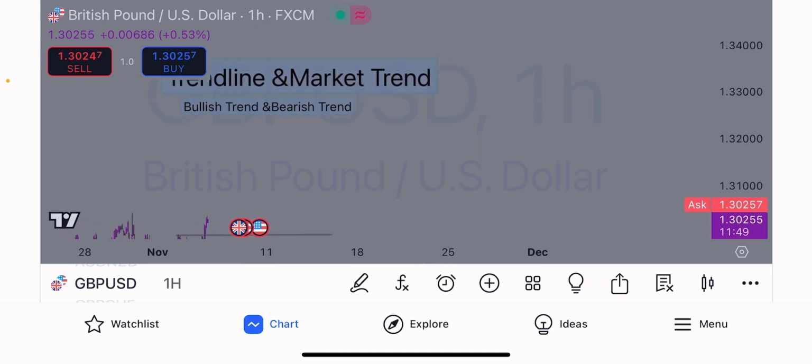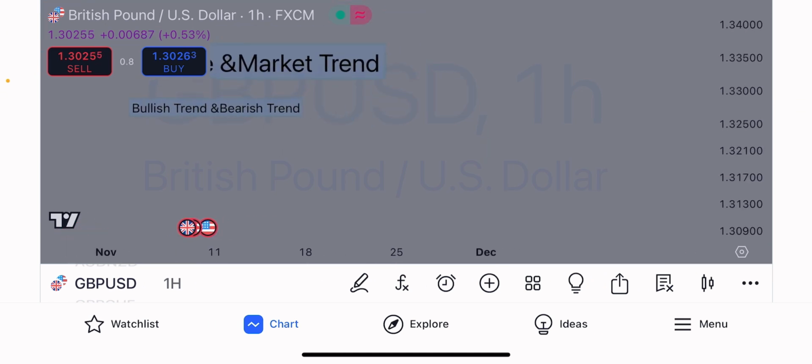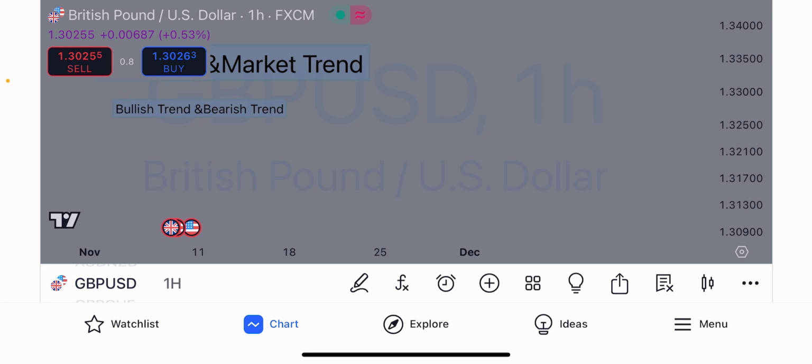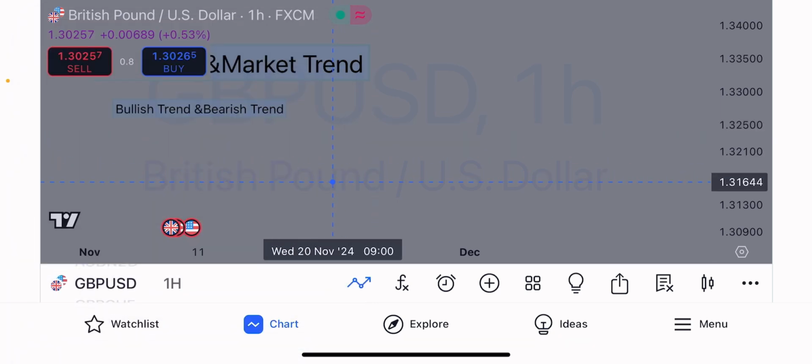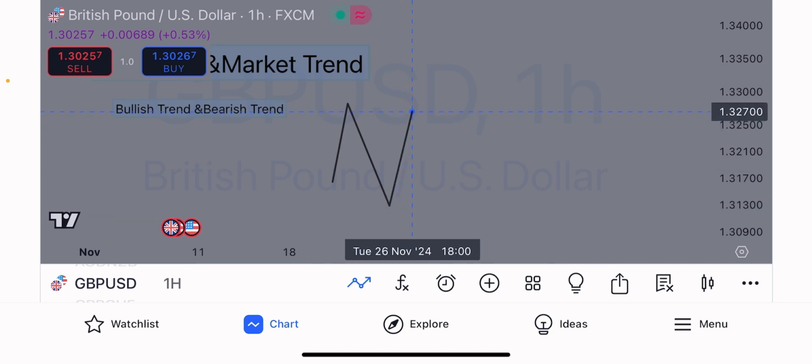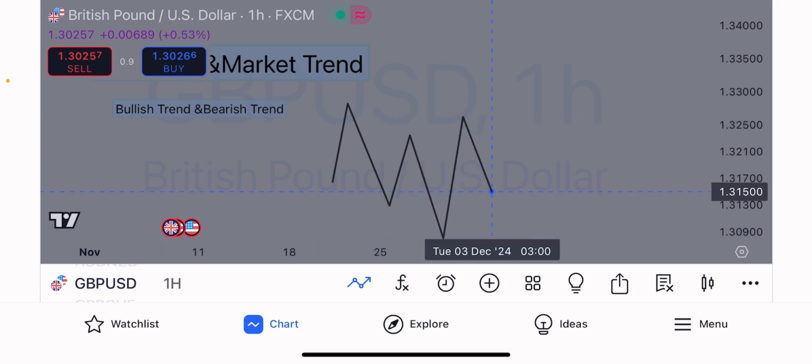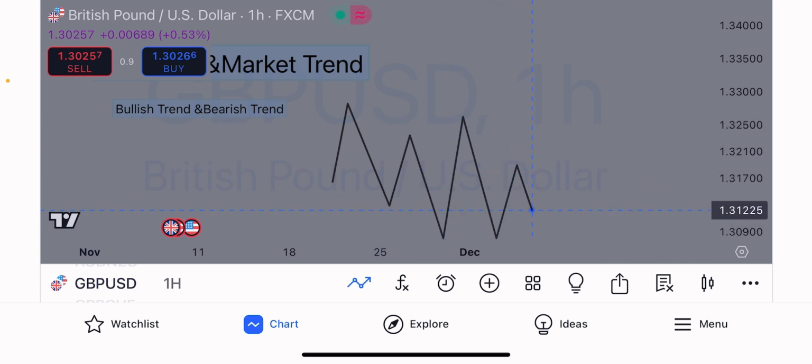First of all, a trend line lets you know when the market is bullish or bearish. In a situation like this, you might not have a clear structure or clear bullish trend. The market just keeps moving in certain ways.